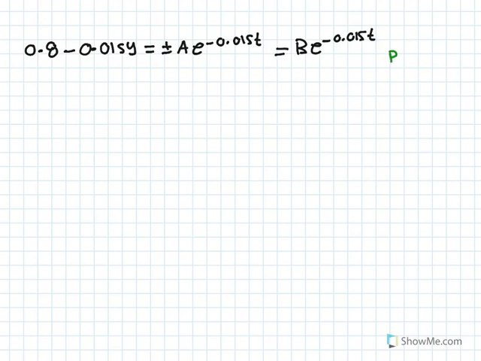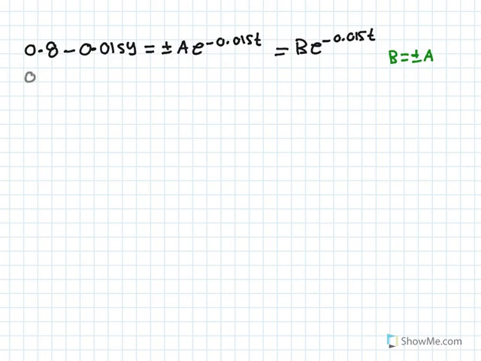So we get b e to the negative 0.015t, where b is equal to plus or minus a.